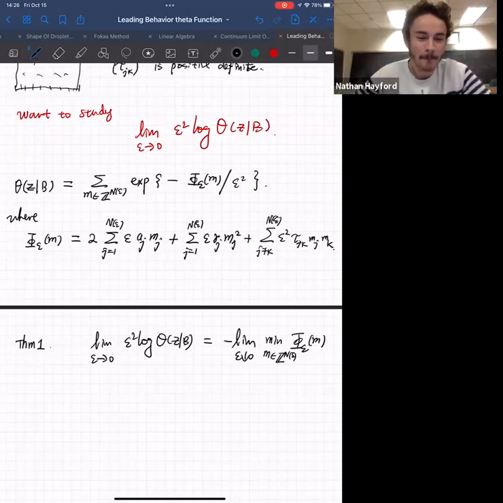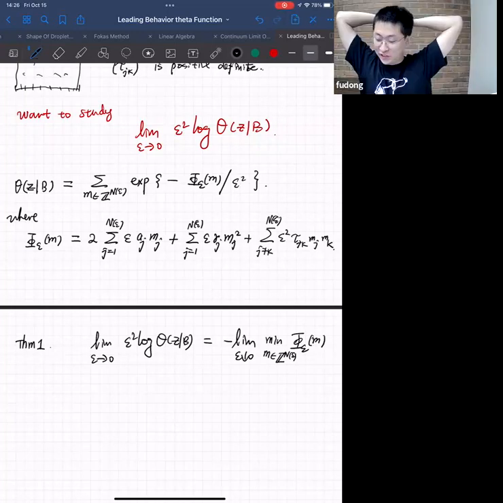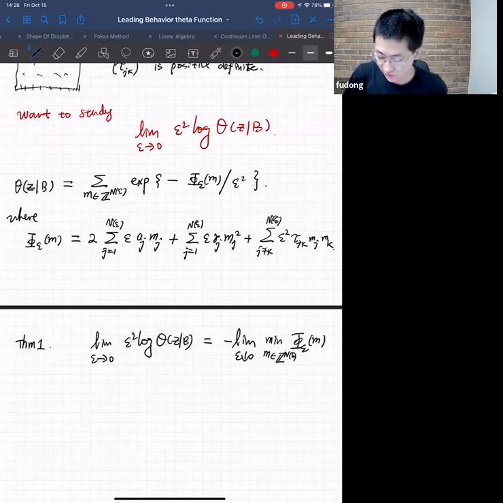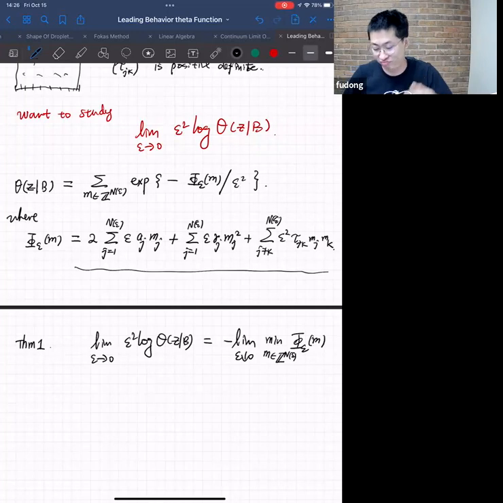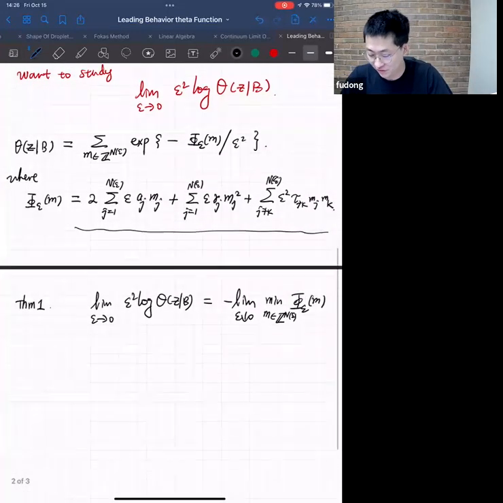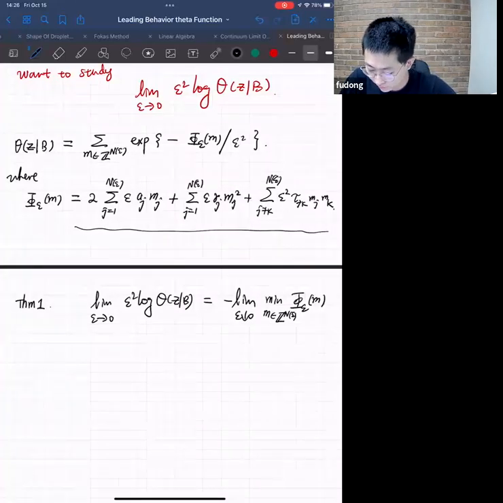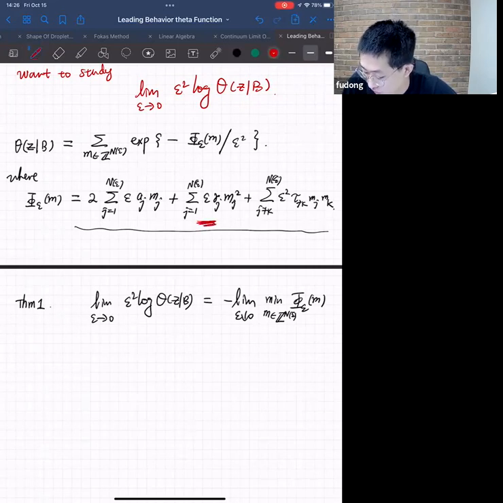But of course the theorem seems not too interesting because I believe everyone can do that, because it's just some quadratic optimization problem, right? You can always find the minimum. Because that's a leading behavior basically. So this epsilon squared goes to 0 very fast, so you can actually ignore that.